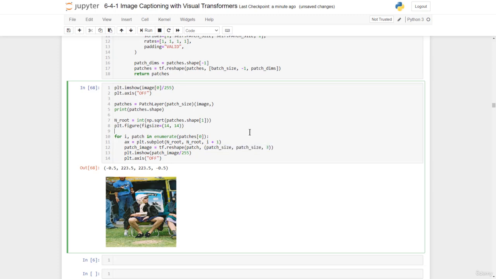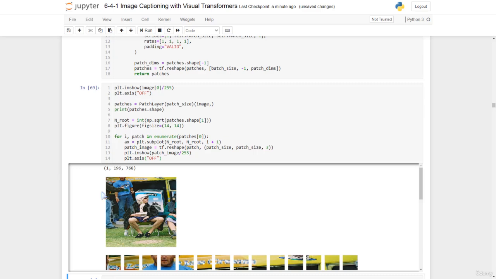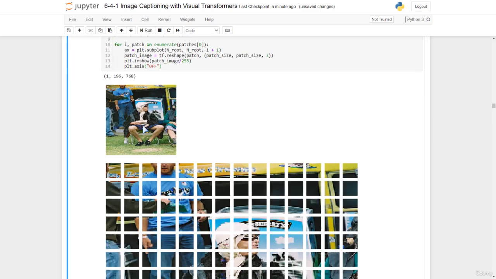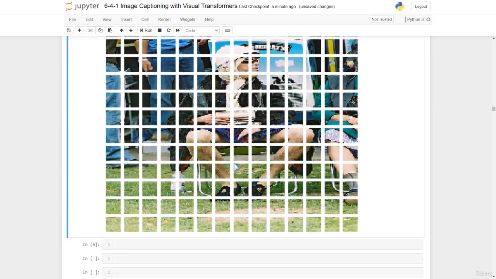So let's take this back, and that's it. Once we have the patch, we now show it, and then we take off the axis, run that, and there we go. We have the image, and then we have the different patches which make up this image.